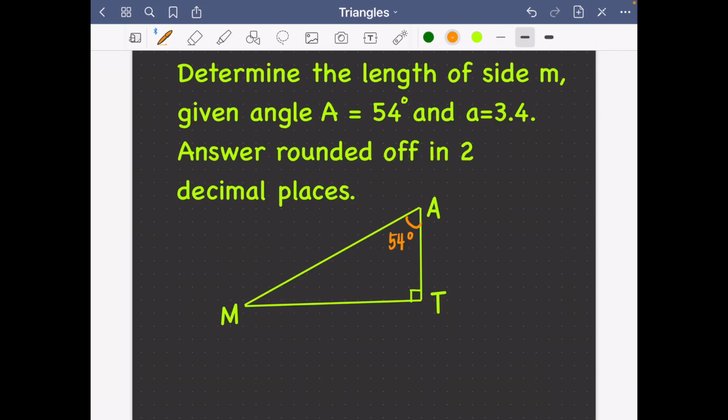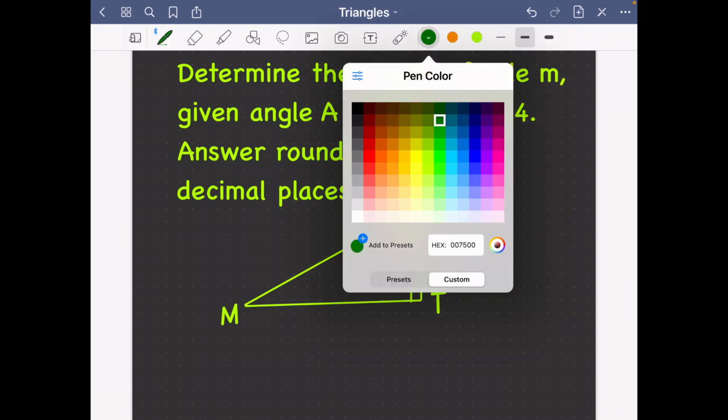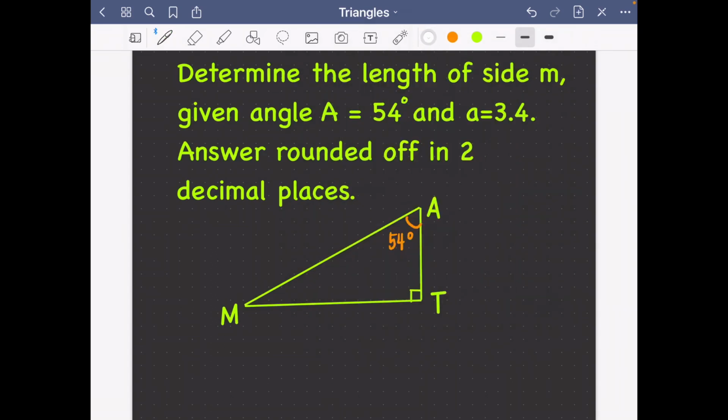And then my side A, now how do we get A? So side A is the side opposite angle A. Okay? So if you will look at it, this is A. So its opposite side is this one. So that would be my side A.